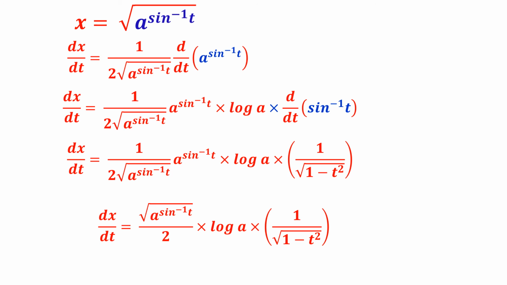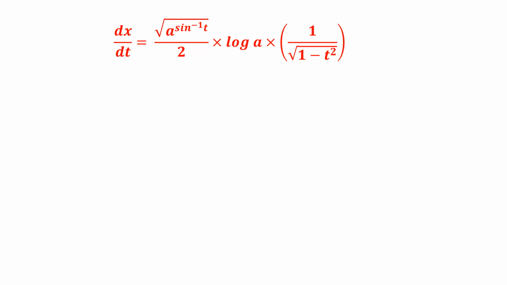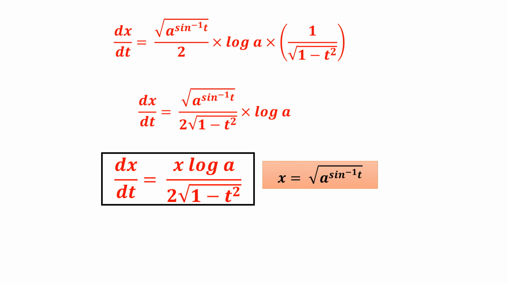You will get square root of a power sin inverse t upon 2 into log a into 1 upon root 1 minus t square. We continue by bringing the 2 and then root 1 minus t square. Once again, we can replace this by x, where x is equal to square root of a power sin inverse t.